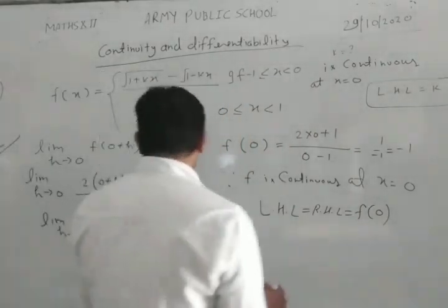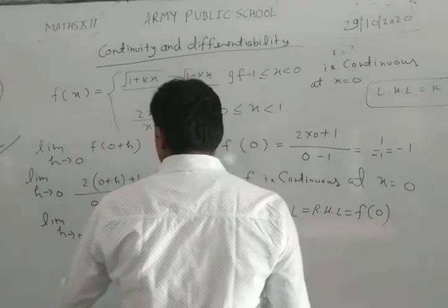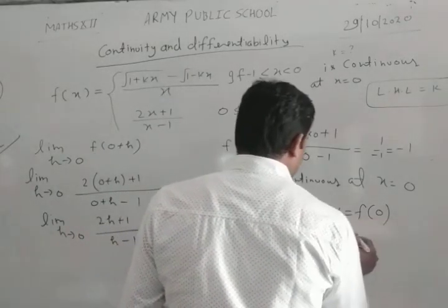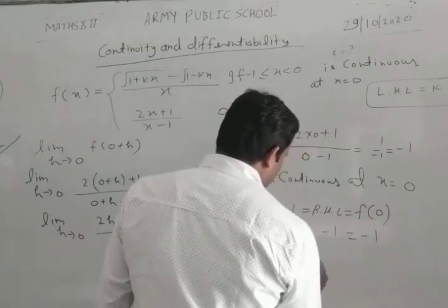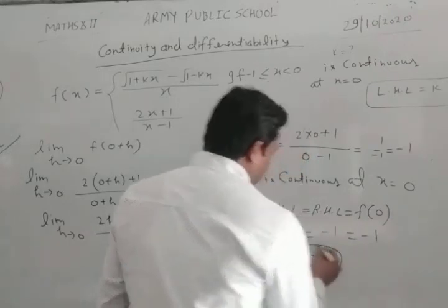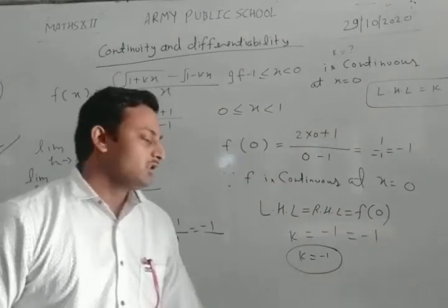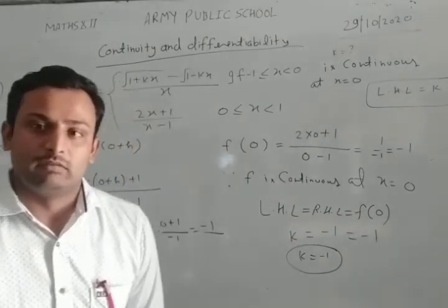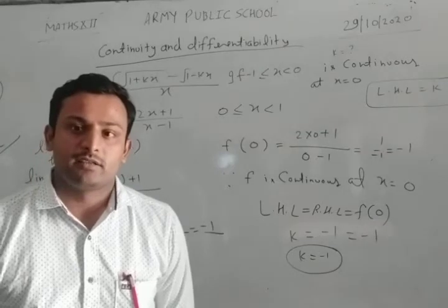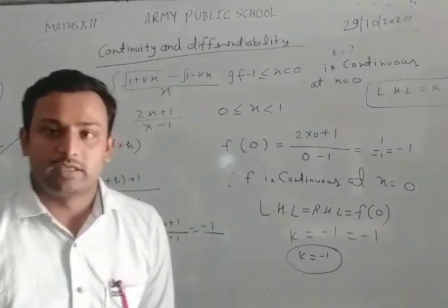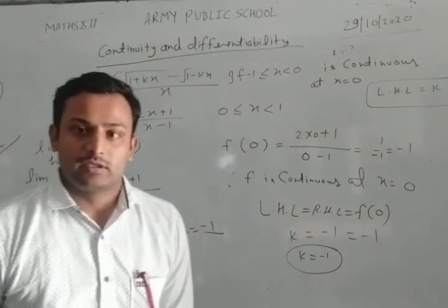So left hand limit is k, right hand limit is minus 1, value of the function is minus 1. So the value of k will be minus 1 when we equate this. I hope you understand, no doubt here. So we will see the next question.